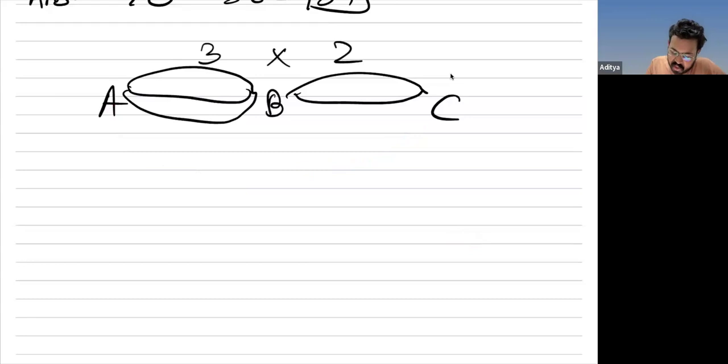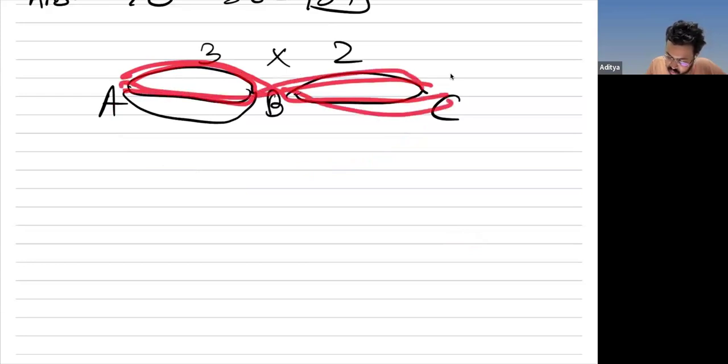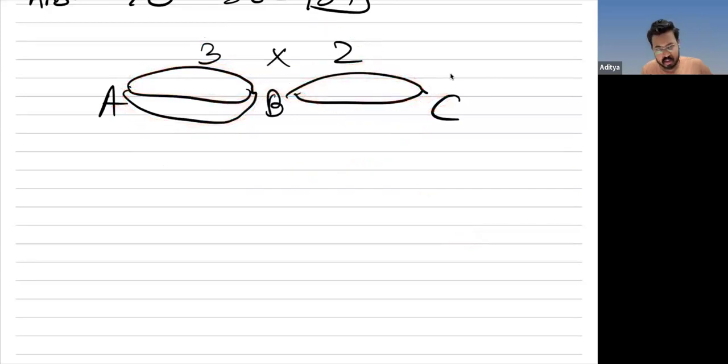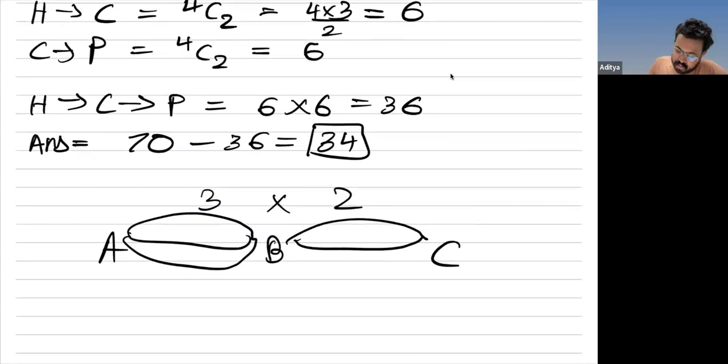Or if you just did counting, you might have done 1, 2, 3, 4, 5, and 6. So you are basically doing multiplication. I'm not using the specific terms because this way you can more easily understand anyways. So you multiply the number of cases to go from point H to point C, then from C to playground. So you remove 36 from your cases and you get 34.